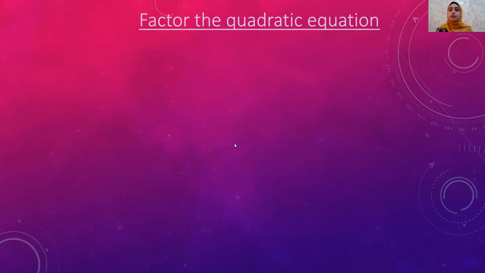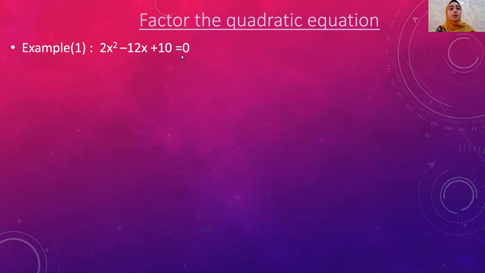Okay, let's move to the first point in this presentation, which is factoring the quadratic equation. So let's take an example to help us see how to factor it. Example number 1: I have here 2x squared minus 12x plus 10 equals 0.